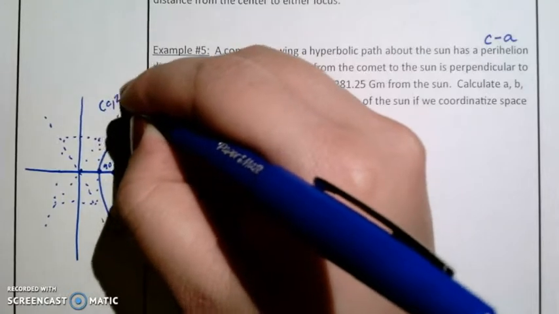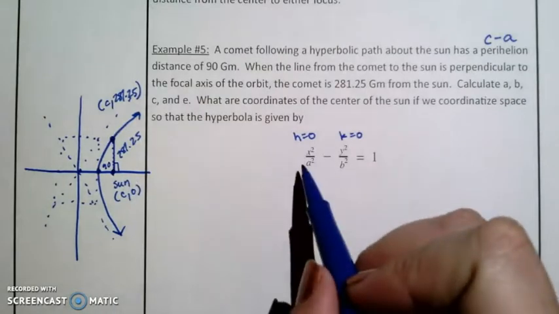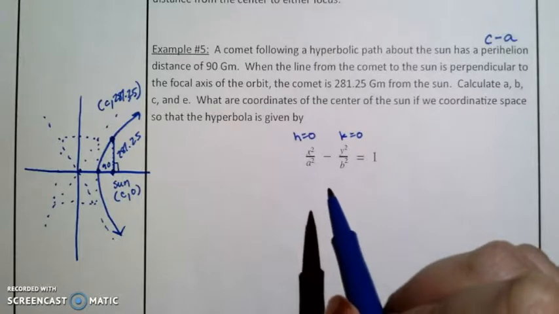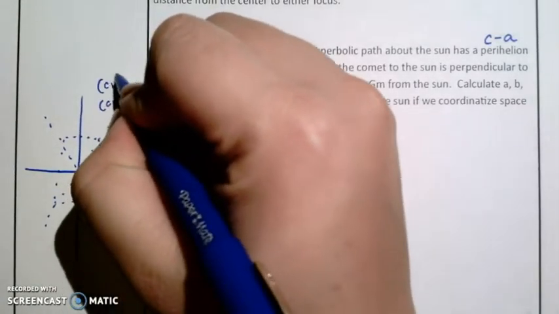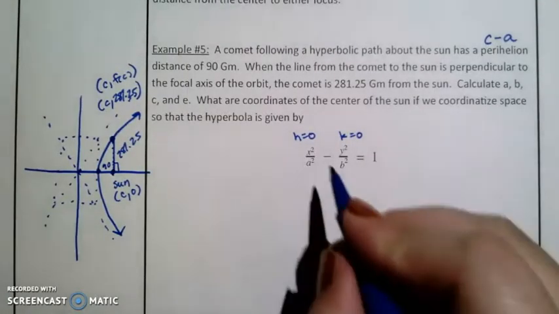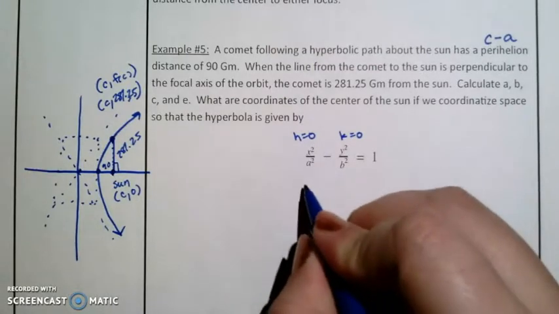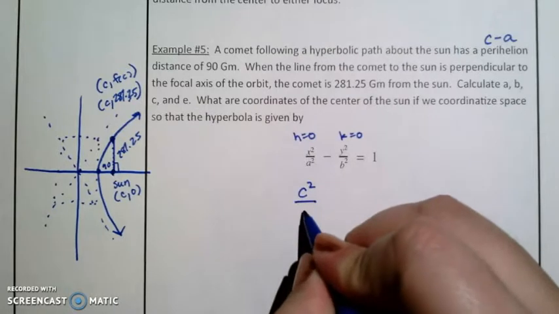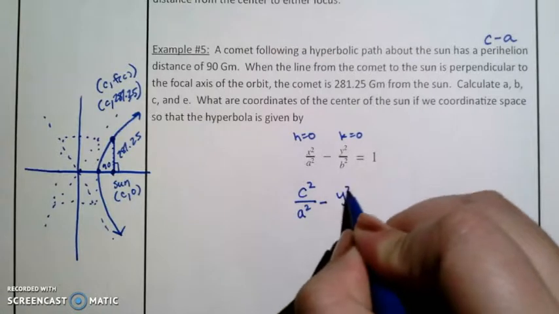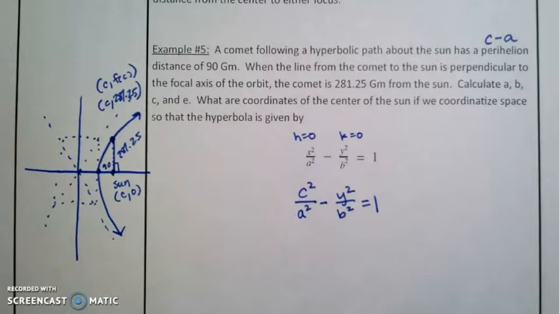So c, 281.25, which means that if I put c into our equation, I should have a value of 281.25, right? This is the same as f of c. Okay, so using that knowledge, we can substitute c here. c squared divided by a squared minus y squared over b squared equals 1. So we've just substituted c for x.